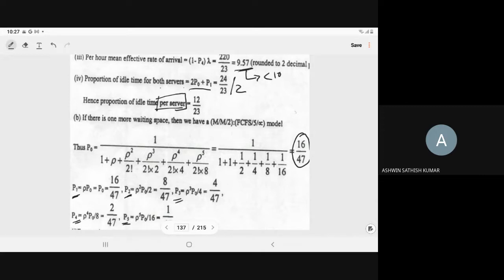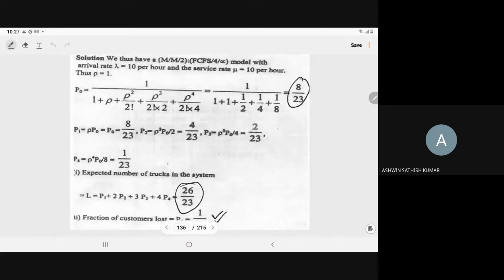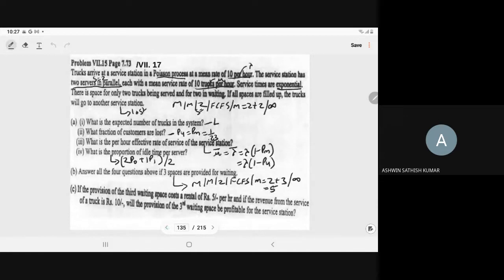After having the knowledge of all the state probabilities, we can now compute all these four subparts.